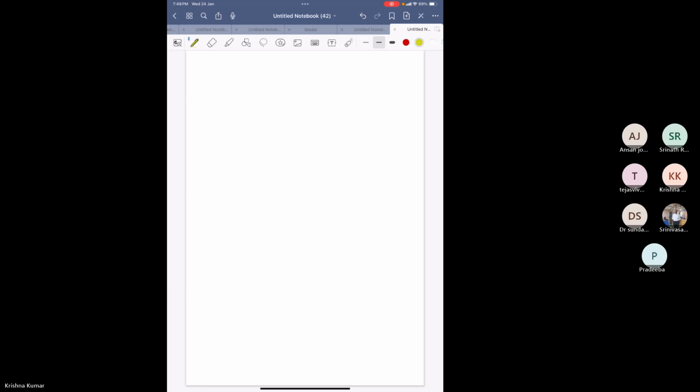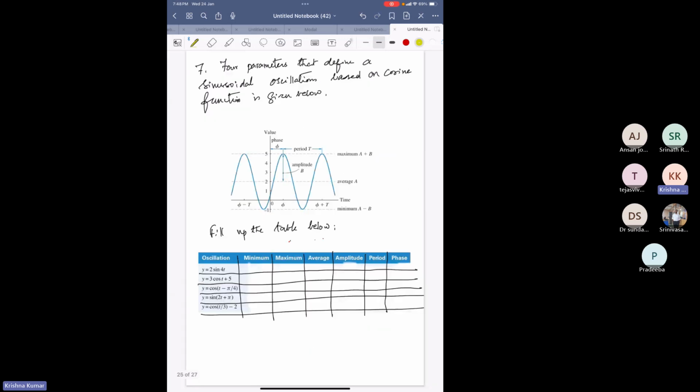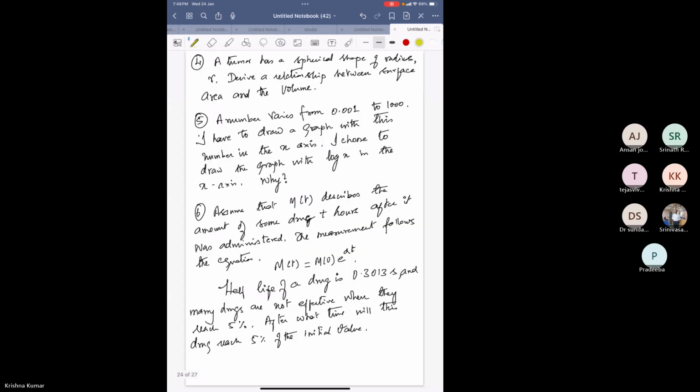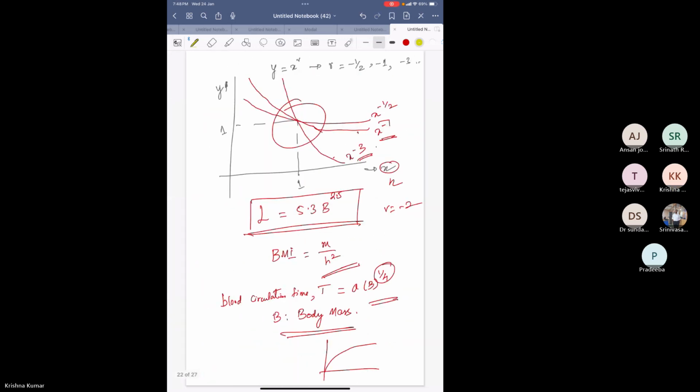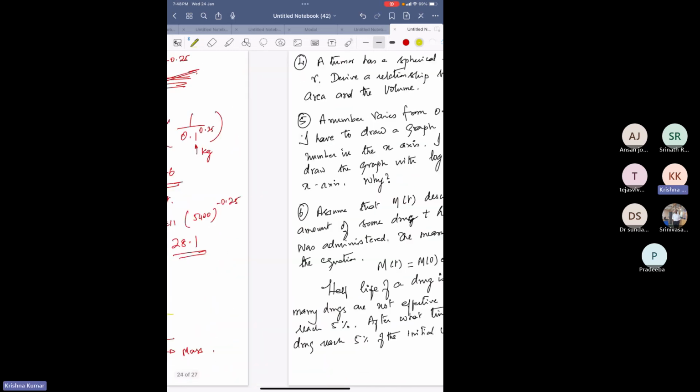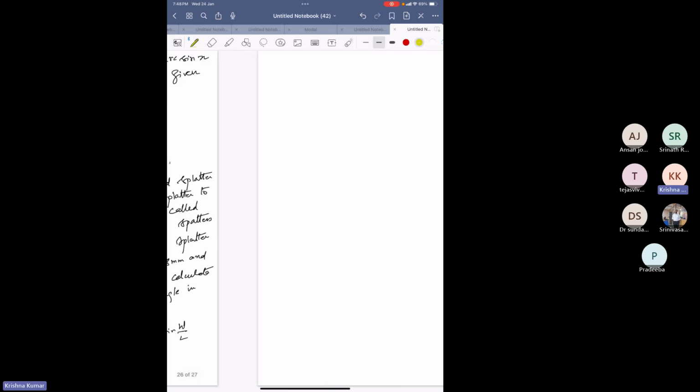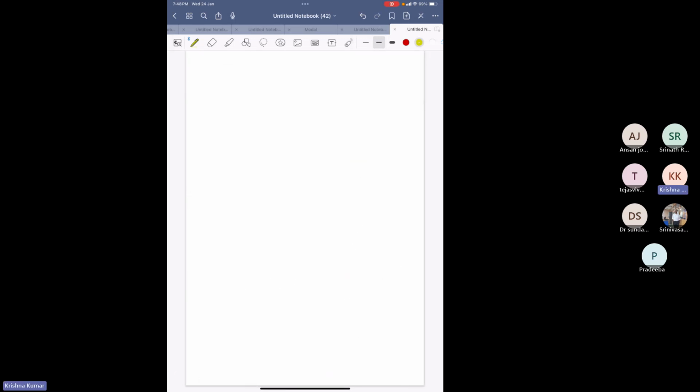Now what is it that we have done? We have put x power something. So let us look at other functions, exponential functions.